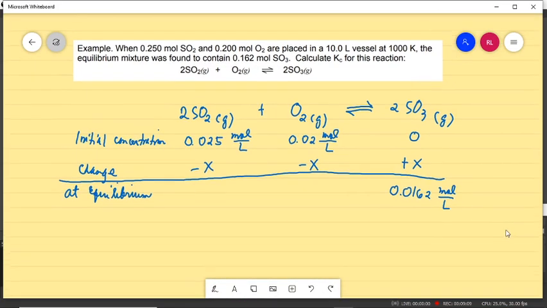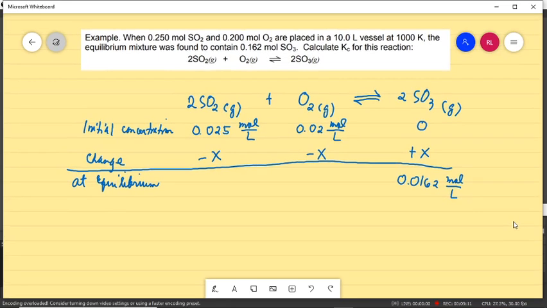Now our question is, what will be the concentrations of sulfur dioxide and oxygen gas at equilibrium?